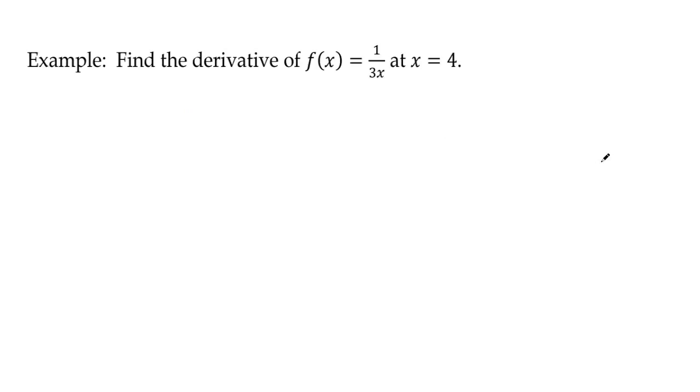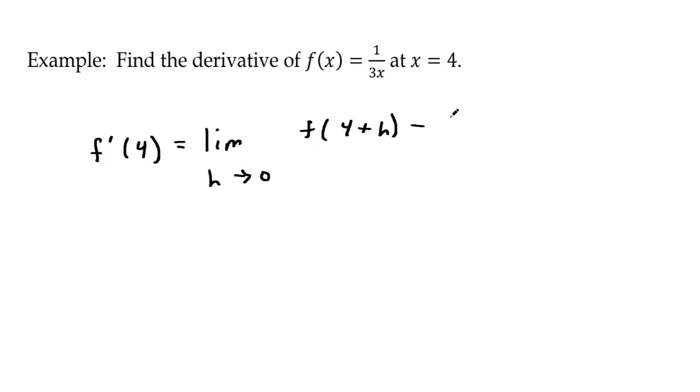Find the derivative of f of x equals 1 over 3x at x equals 4. Okay, so we want to find f prime at 4. Let's apply the definition of the derivative. It's the limit as h approaches 0, f of 4 plus h minus f of 4 all over h.